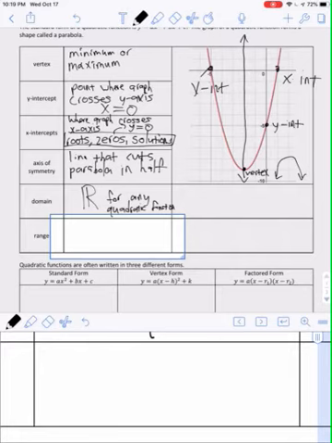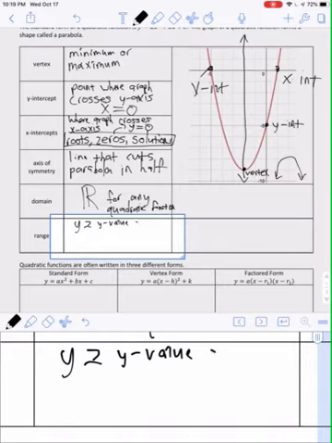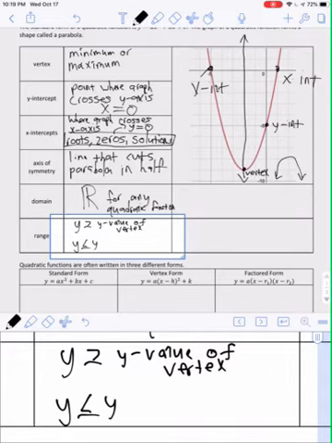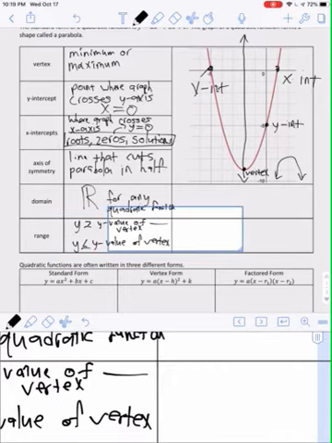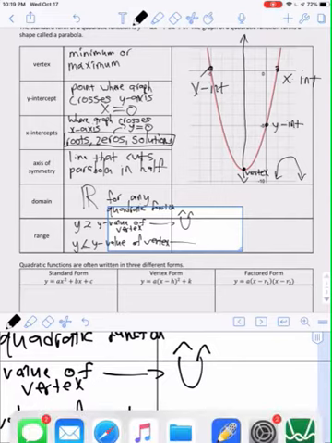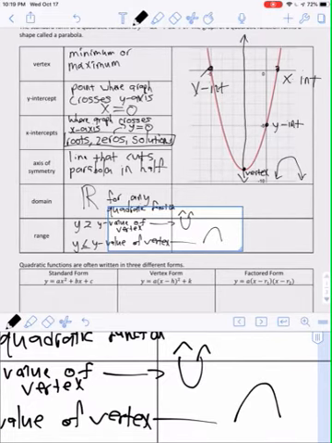So the range is always either going to be y is greater than the y value of the vertex, or y is less than the y value of the vertex. So that would be this if the parabola opened upwards, but it would be this if the parabola opened downwards.